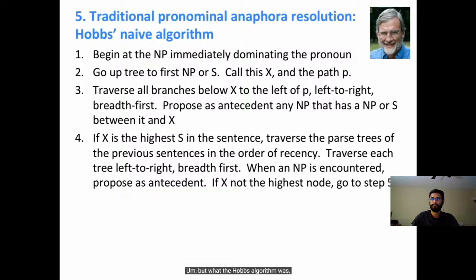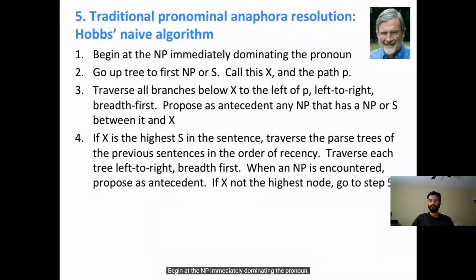But what the Hobbs algorithm was, if you have a sentence, actually, I should say this. This algorithm is just for finding the reference of pronouns. So one can extend out to other cases, but the part I'm going to show you is just the part for doing the reference of pronouns. So when you find a pronoun and you want to say, what is it coreferent with, what you're going to do is run this mechanical algorithm that's looking at a parse of a sentence and is working out what to do with it.